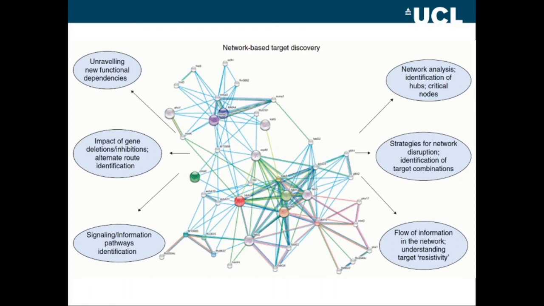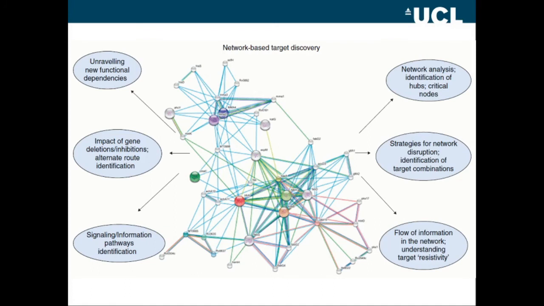So looking on the left-hand side then, what we're trying to do is unravel new functional dependencies. So in functional terms, which are the key nodes in this network?